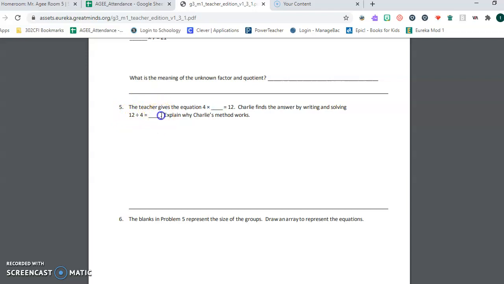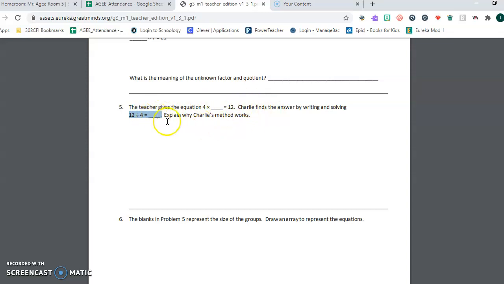Okay, so if you've been listening, these division problems and multiplication problems are related. They all have the same parts. So if you've got a missing factor here, you can flip the factor into a division problem and make it the quotient of a division problem.